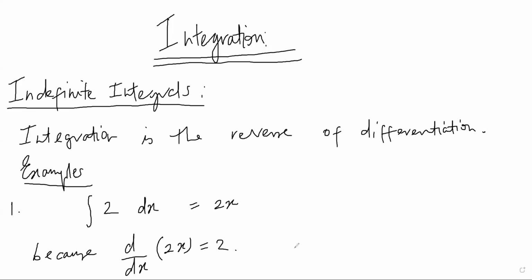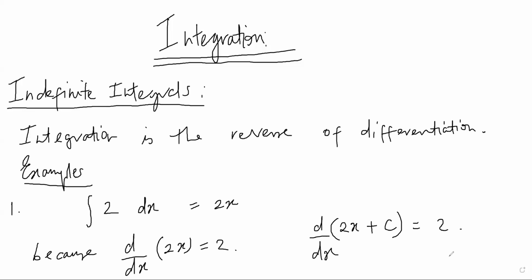Now again, if I take this 2x and add an arbitrary constant c to it, where c stands for any constant, and differentiate with respect to x, I'll still get 2.